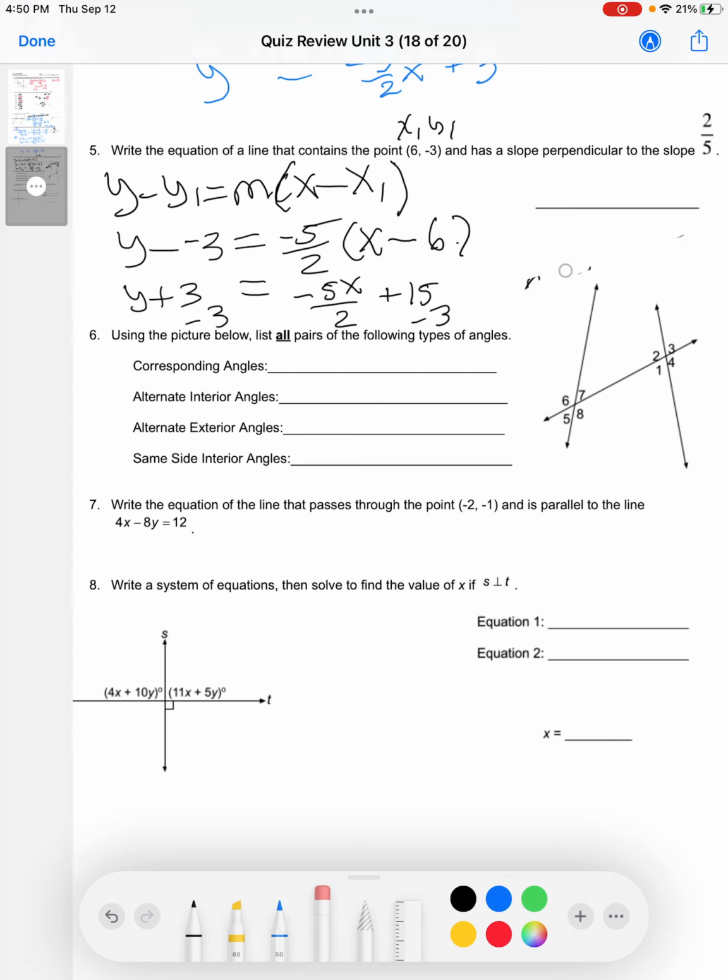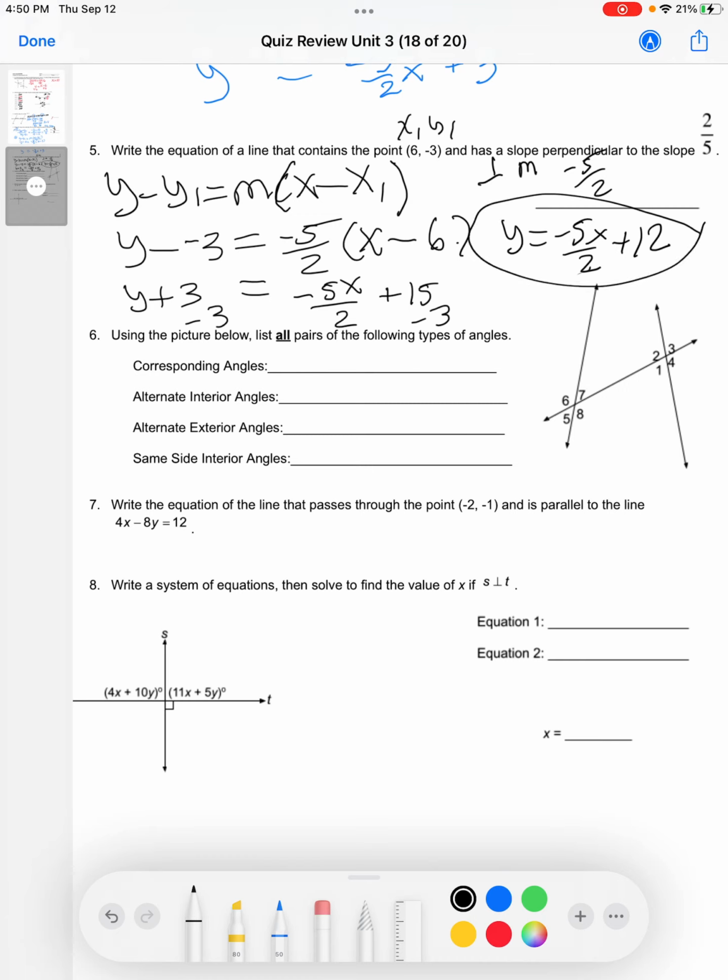Let me erase all this because I'm running out of room. Let me write that again. Perpendicular slope is going to be -5/2. So I've got y equals -5x/2, and then plus 15 minus 3 is plus 12. And that's the answer for that one.